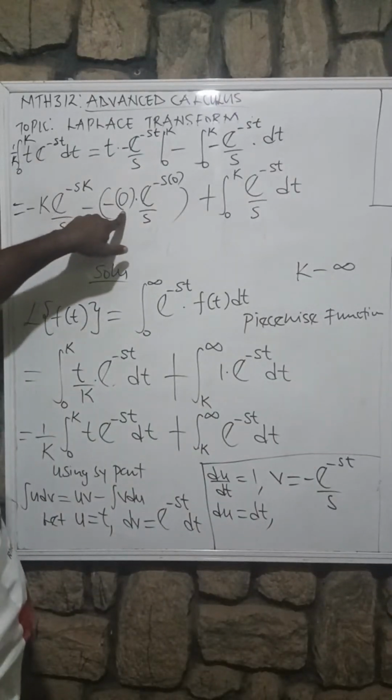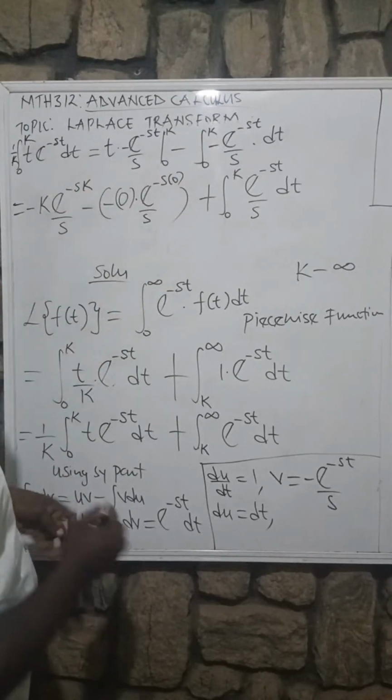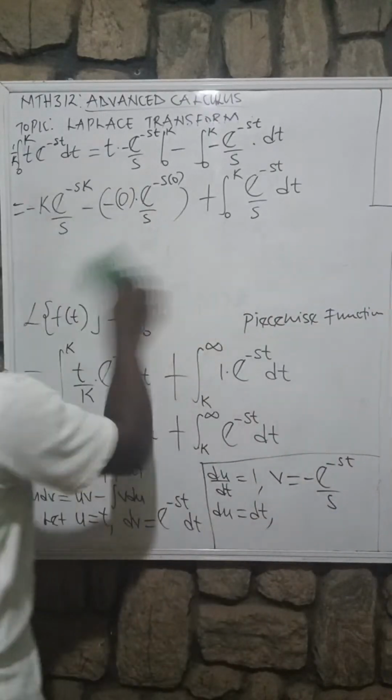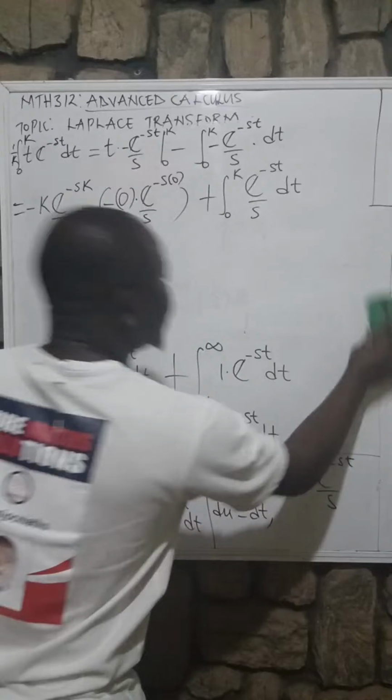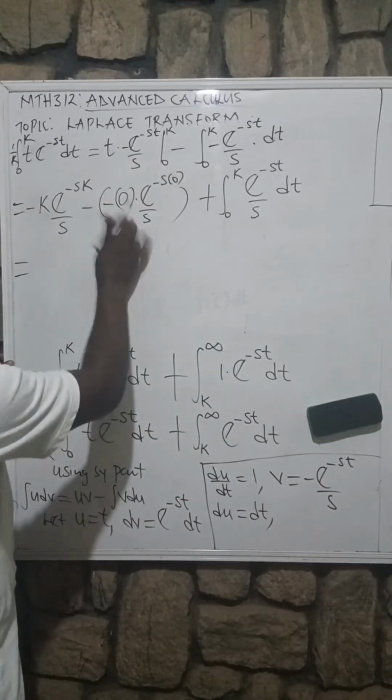Because of this 0, all of this will be 0. So far so good.